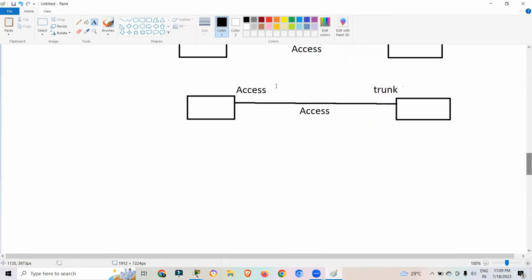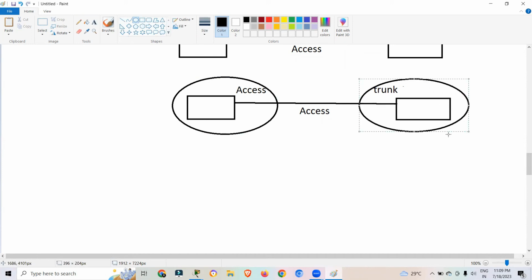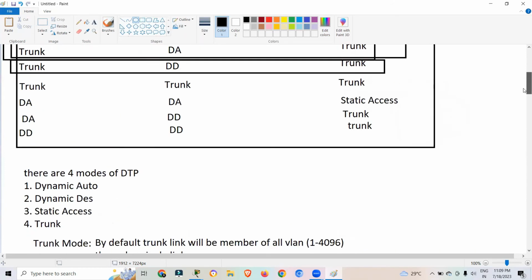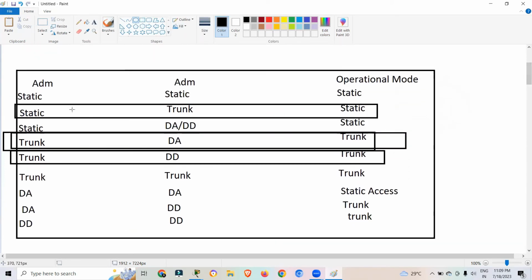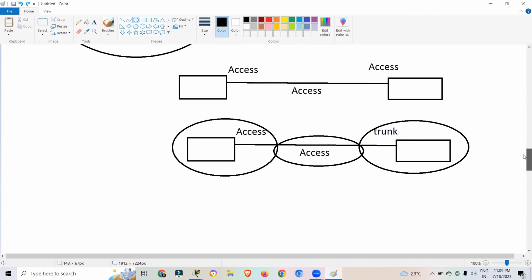The administrator has done access configuration on this switch and trunk configuration on this switch, but the link will remain in access status. Why? Because I already told you that static plus trunk is equal to static.